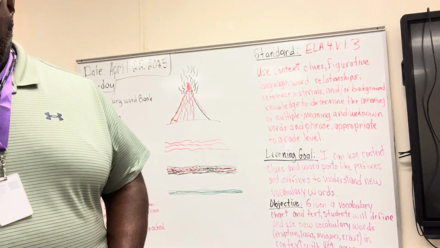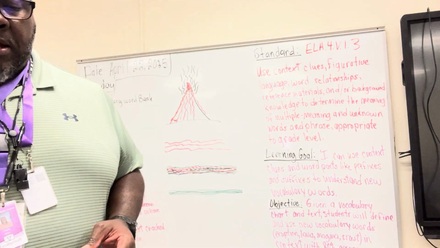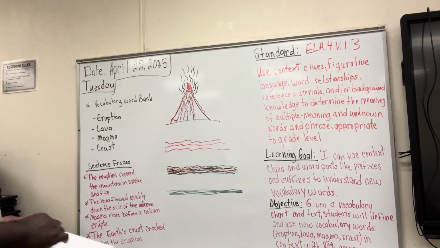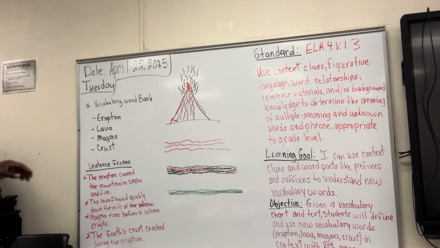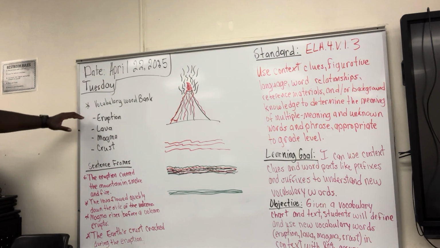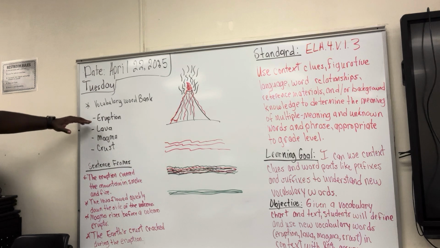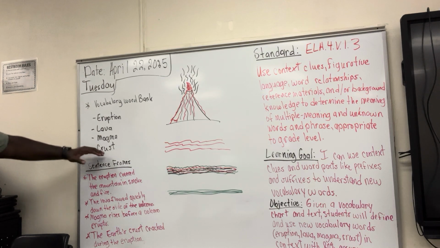So with our passage, we're going to take that and define the terms. I have created a word bank on the board. These are our vocabulary words that we're going to discuss. We just talked about eruption, lava, magma, and crust.